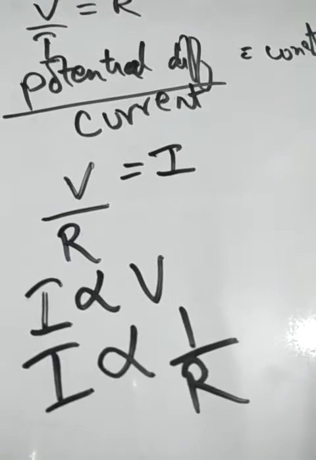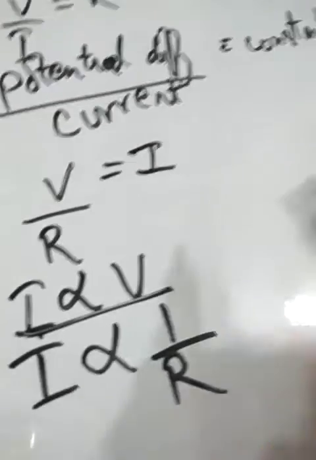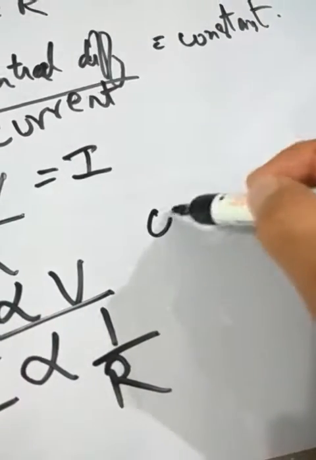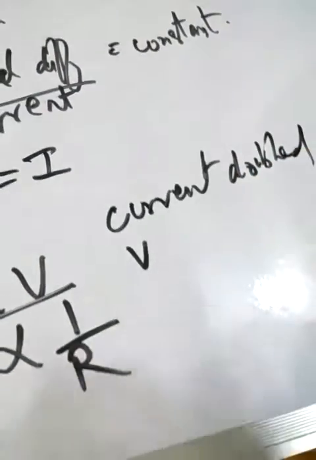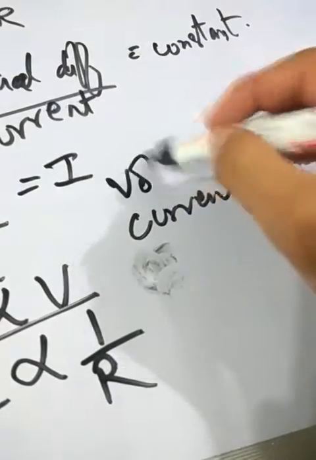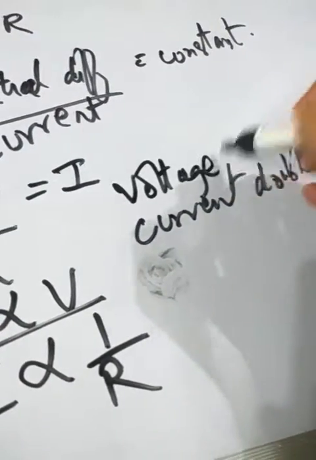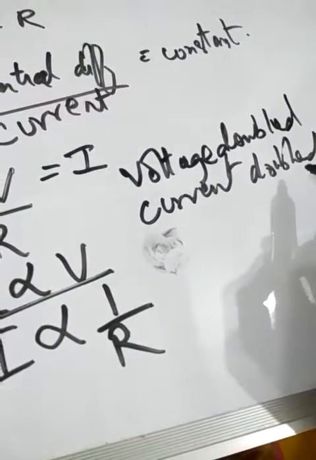So what does this mean? This means that if the voltage is doubled, the current will be doubled.